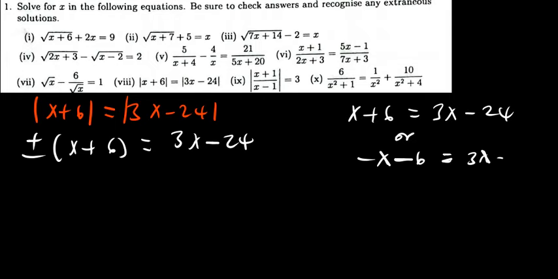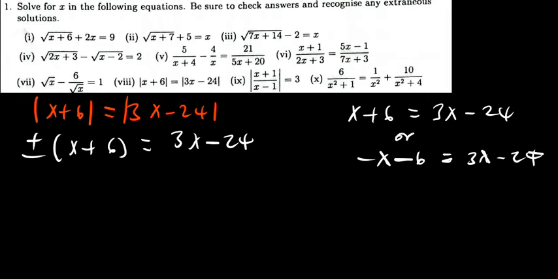The next thing here is that I've got two cases. I multiply first by positive, which is going to be x plus 6 is equal to 3x minus 24. If I multiply by negative, another one is going to be negative x minus 6 is equal to 3x minus 24.